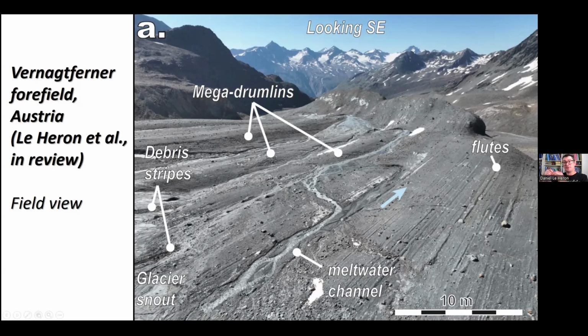There are stripes of debris that form on the glacier, and as the glacier melts away, that debris is let down onto the surface of the forefield. So when you're looking at these forefields as a whole, they can be quite complicated, which is why Paulina has been mapping them in such detail.